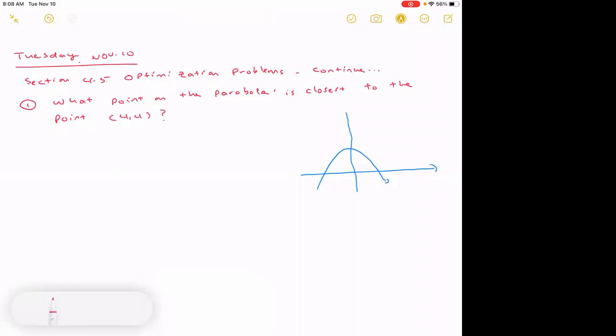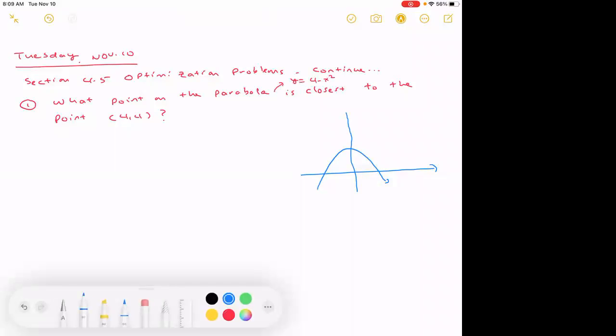The parabola is y equals 4 minus x squared. Okay, that is the parabola. Sorry about that. So this is y equals 4 minus x squared.